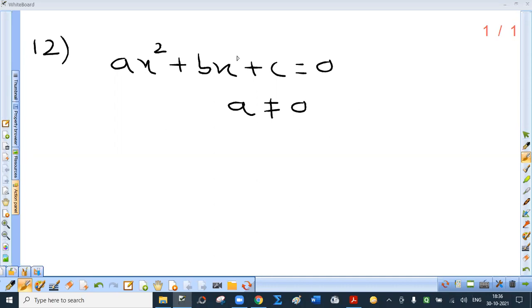Therefore, number of quadratic equations formed equal to 3 into 4 into 4 equal to 48.